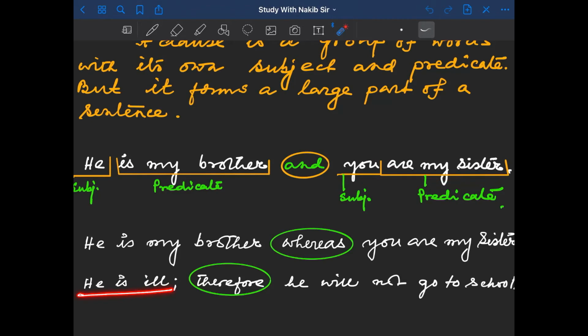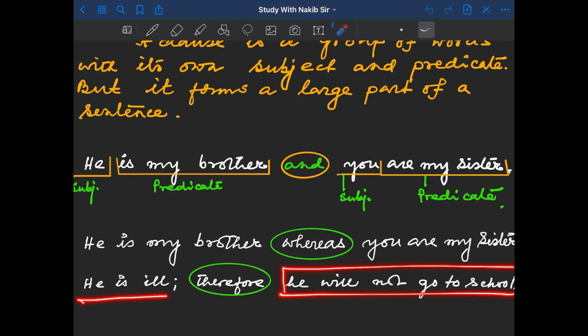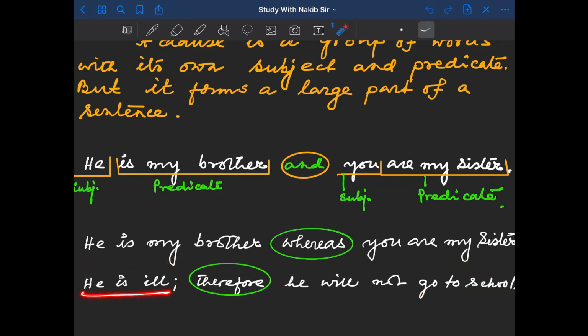He is ill, therefore he will not go to school. He will not go to school is a clause, and he is ill is a clause. These are coordinate clauses, and these sentences are examples of compound sentences. Okay.